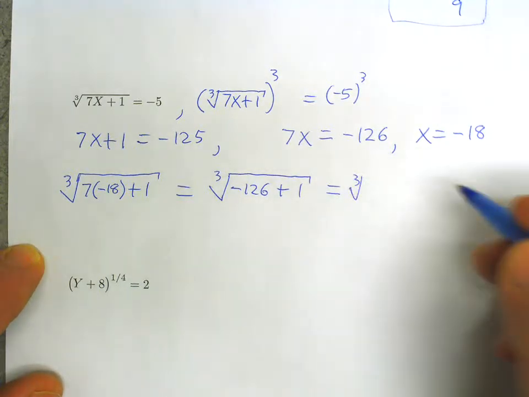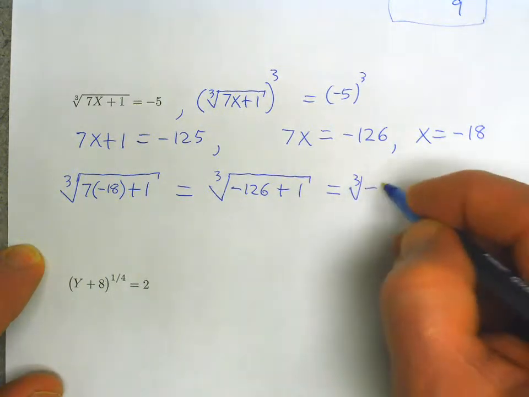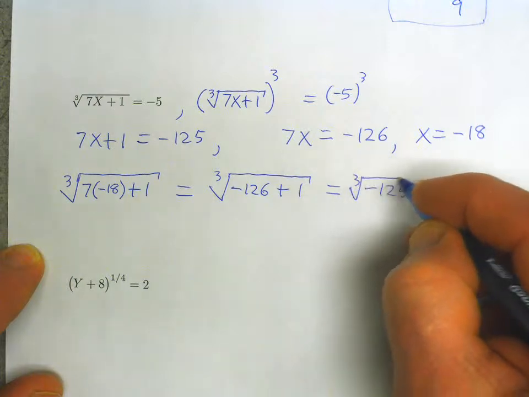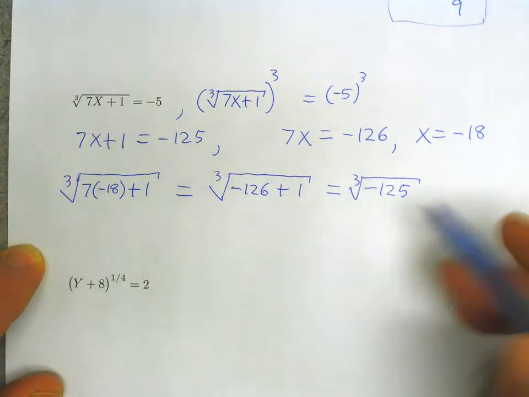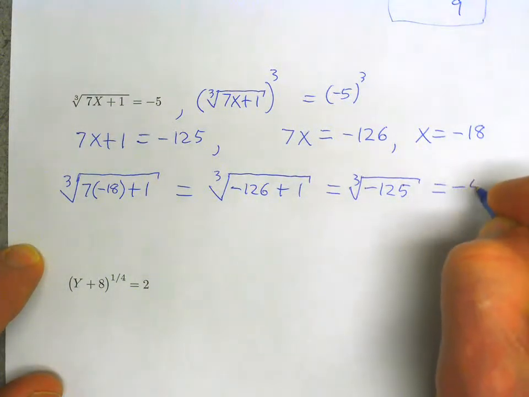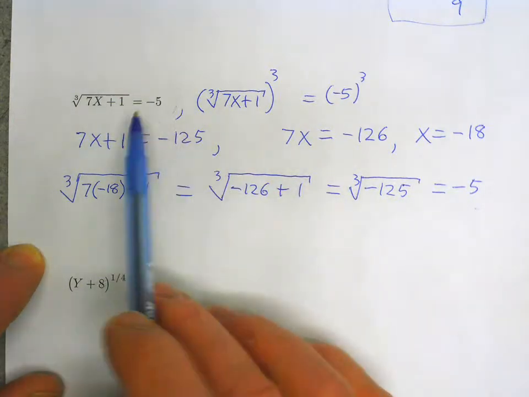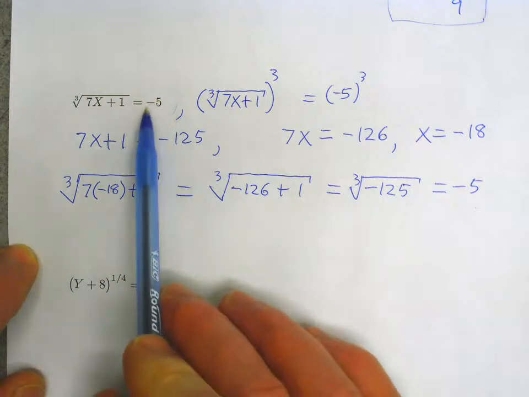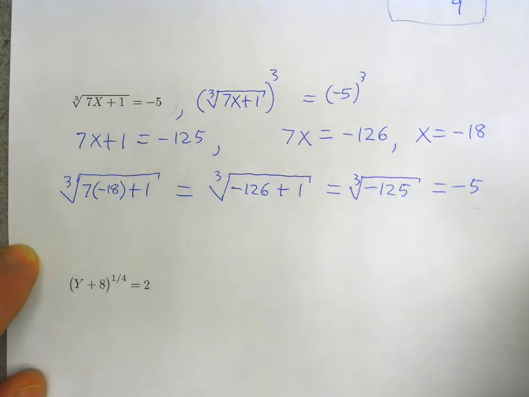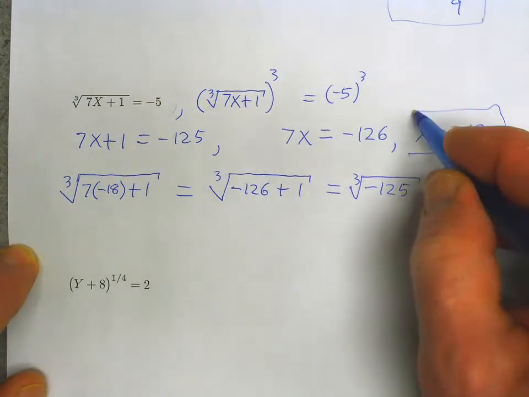And negative 126 plus 1 is negative 125. And the cube root of negative 125 is negative 5. So this is exactly what we wanted to see. And it turns out that x equals negative 18 is the only solution.